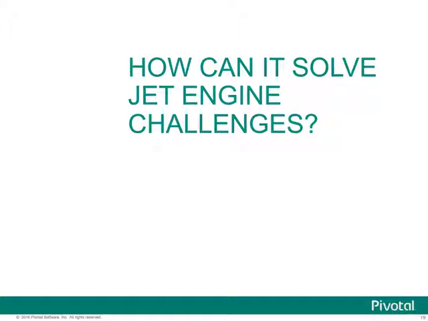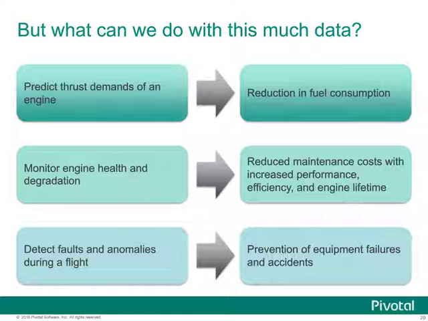So how can we use data science to solve jet engine challenges? With so much data being collected, there are so many use cases we can focus on. We can predict the thrust demands of an engine, which can ultimately reduce fuel consumption and save thousands of dollars.